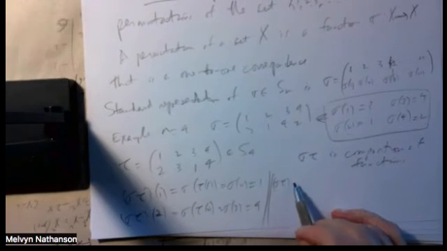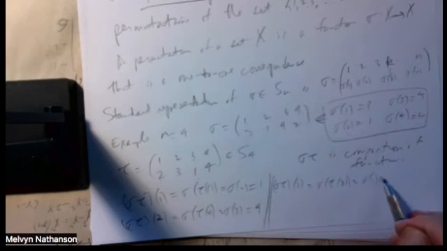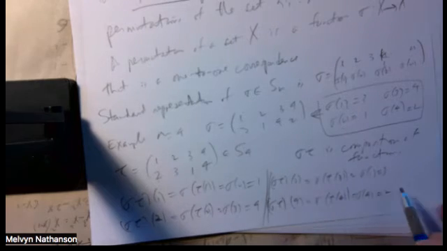Sigma of 3 is 4. What is sigma tau of 3? That's sigma of tau of 3. Tau of 3 is 1, so that's sigma of 1. Sigma of 1 is 3. So sigma tau of 3 is 3. What is sigma tau of 4? That's sigma of tau of 4. Tau of 4 is 4, so that's sigma of 4. Sigma of 4 is 2.